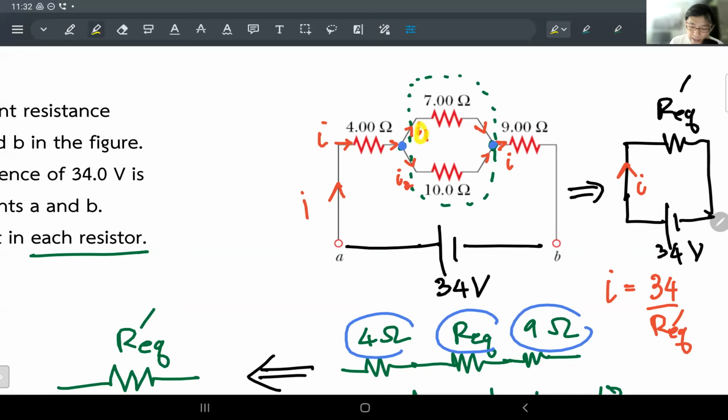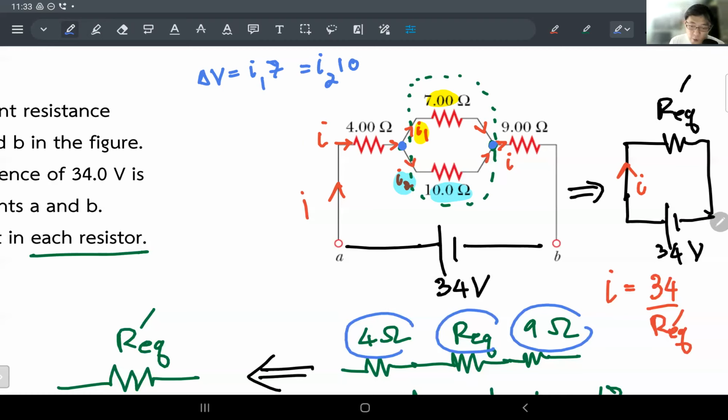From the upper wire, delta V equals I1 times 7. This must be the same as the potential difference through the bottom wire, which is I2 times 10. Does that make sense?